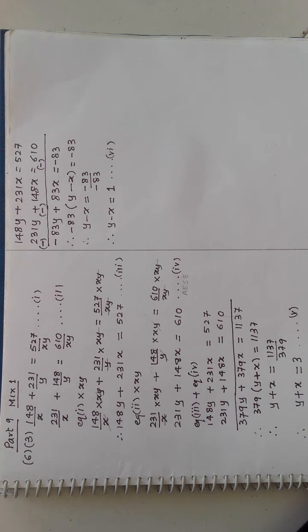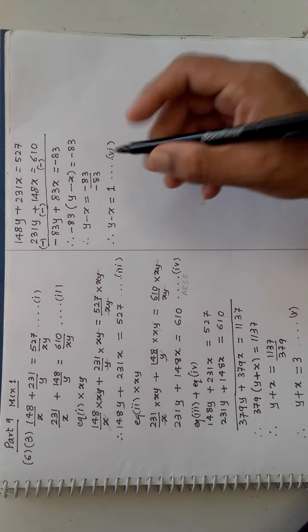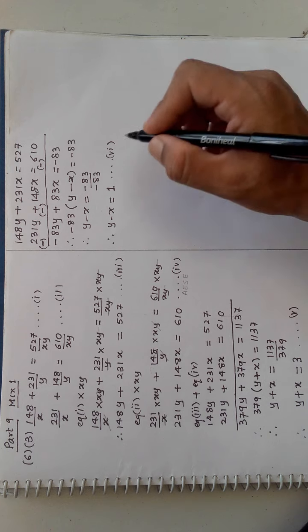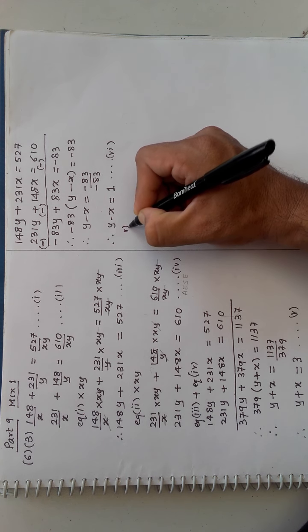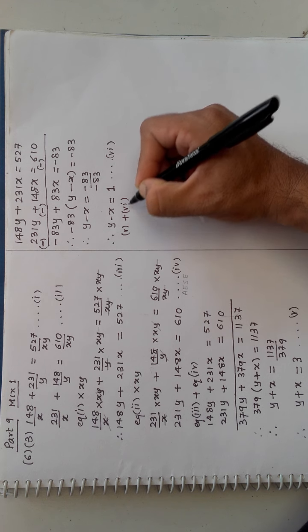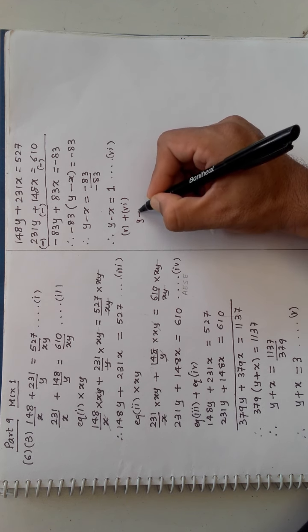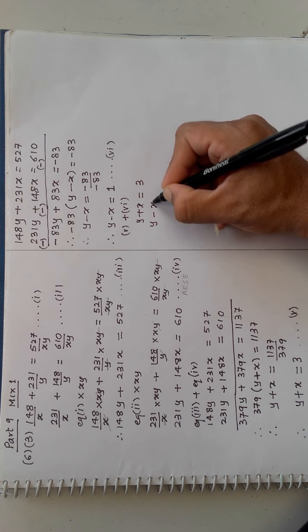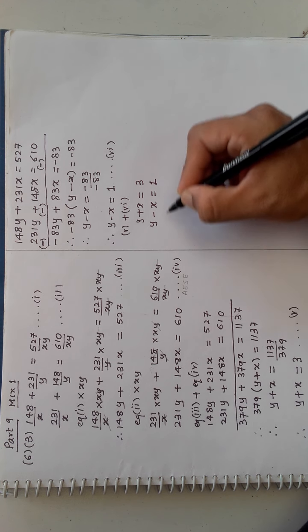You can also subtract, it does not matter, but as far as I suppose addition is always easier, so we add them. You can substitute the value also, both are easy. That is 5th plus 6th: y plus x is equal to 3 and y minus x is equal to 1.